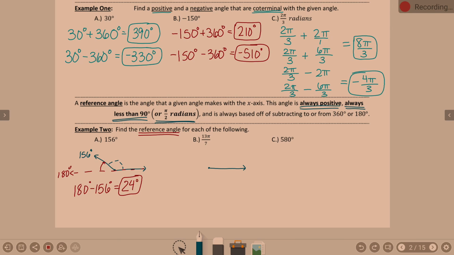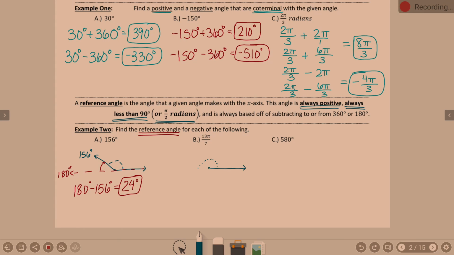So when I measure 13 pi over 7, what am I doing? Right here is 1 pi. What would 1 pi be in terms of sevens? That's 7 over 7, yes? So right now where I temporarily stopped, I'm at 7 pi over 7.